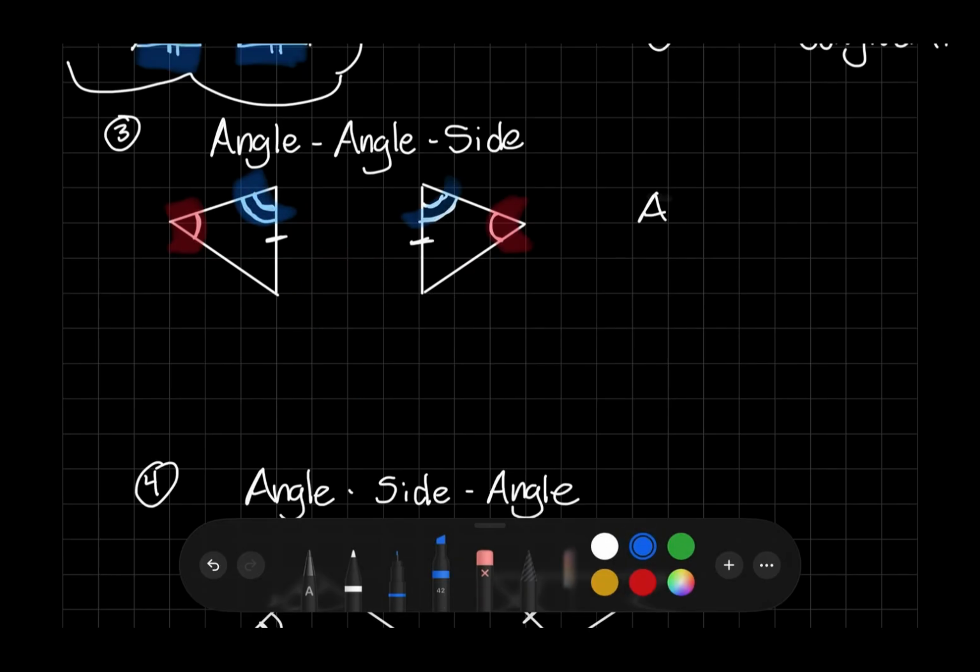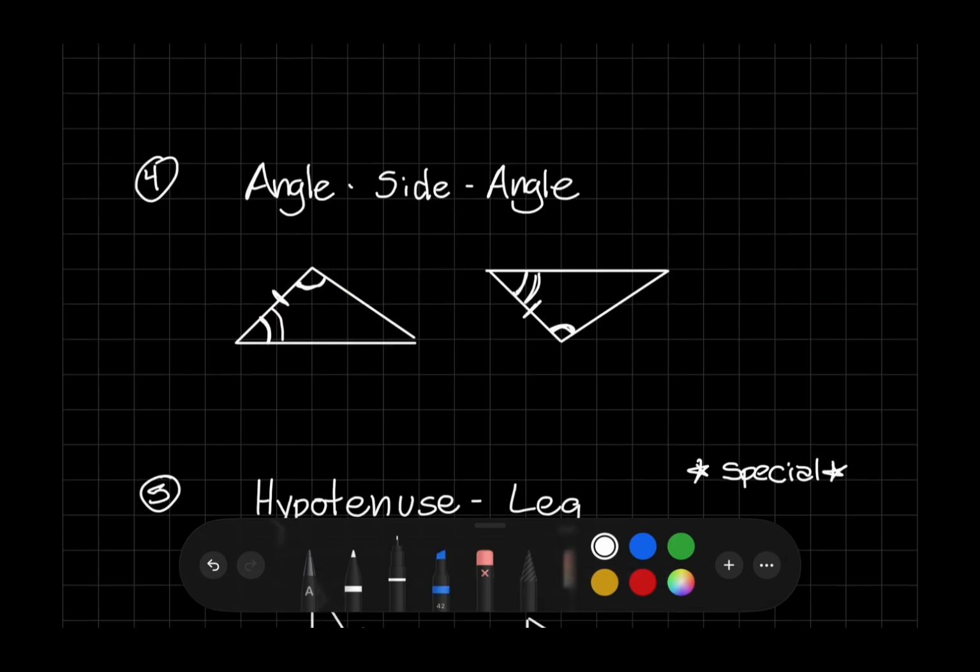And here's another two rainbows. That is going to be another angle. And then we have my side. One kitten whisker, one kitten whisker. Angle, angle, side.